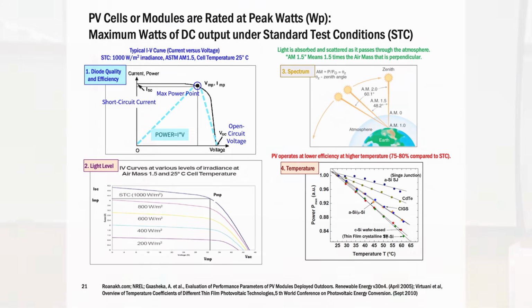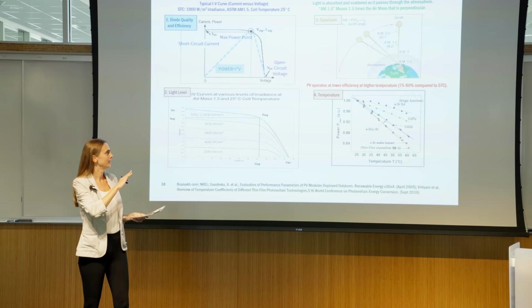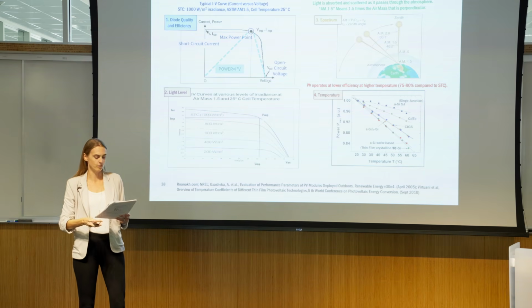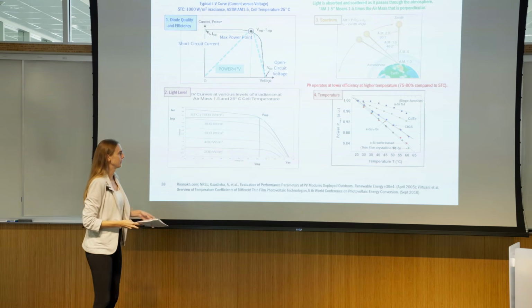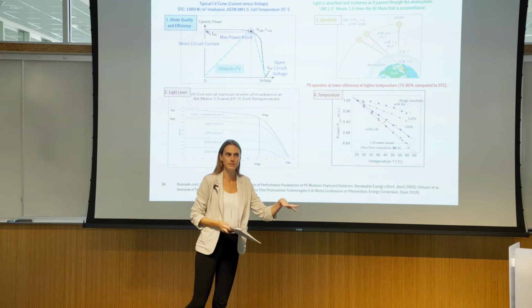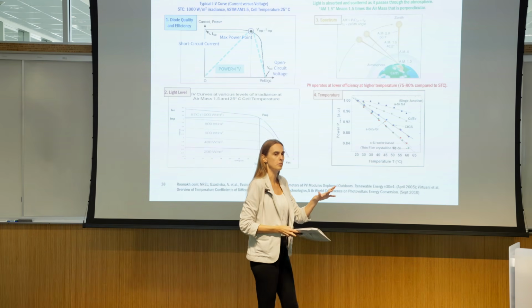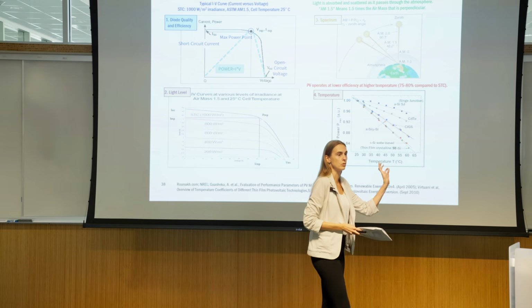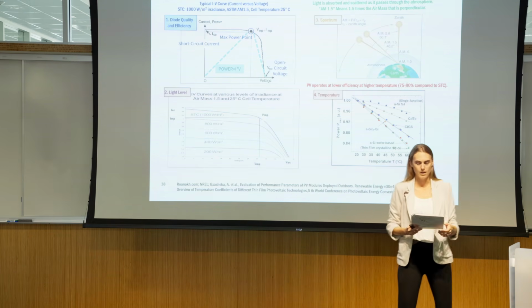But in addition to standard test conditions not being the norm, it's also important to understand that our grid runs on AC, so most other power plant capacity is given in AC and accounts for those inverter losses.